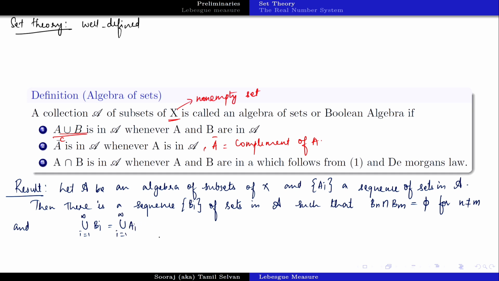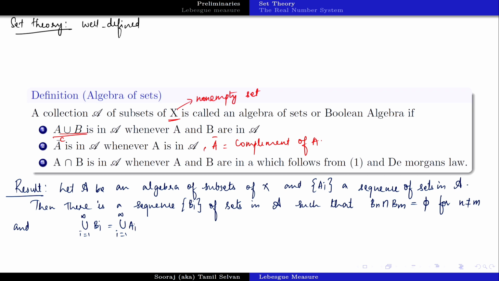Here in this result, what they are trying to convey: you have an algebra. What do we mean by an algebra? It is the collection of subsets of any set, right? So in that algebra, we initially have some sequence of sets, which means we are basically taking a sequence in which all the members are sets.